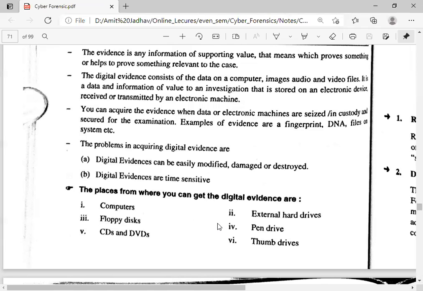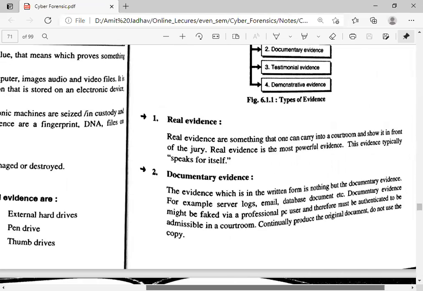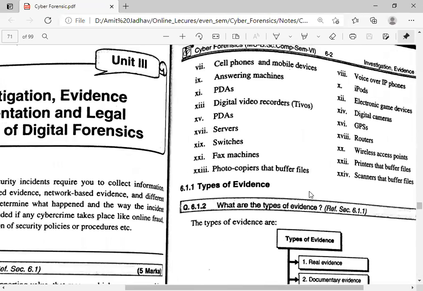For example, computer, external hard drive, floppy drive, which we are not using right now, pen drive, CD and DVD, and thumb drives. Here we can get the digital data or digital evidence.